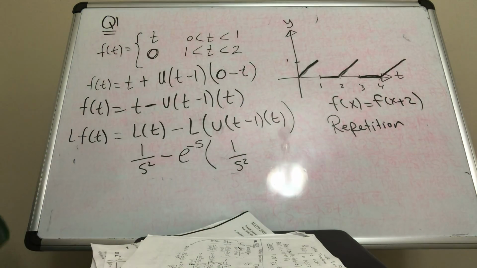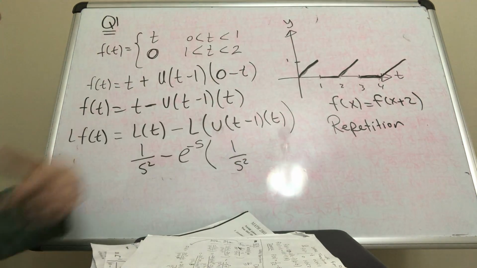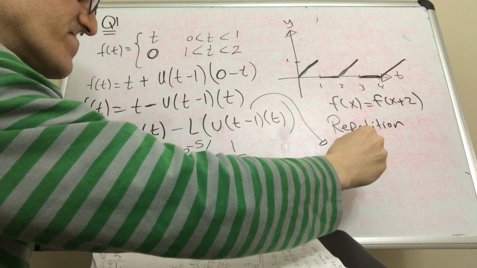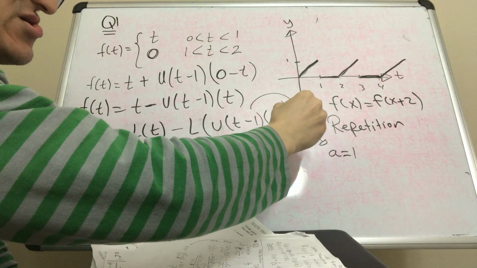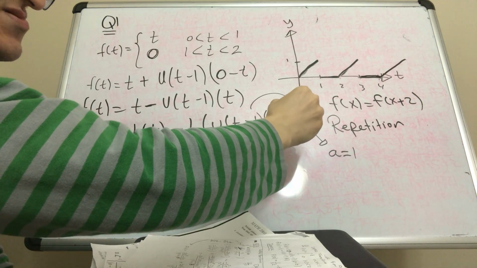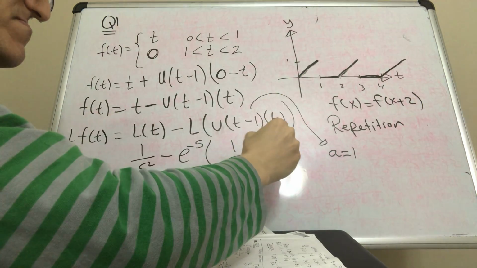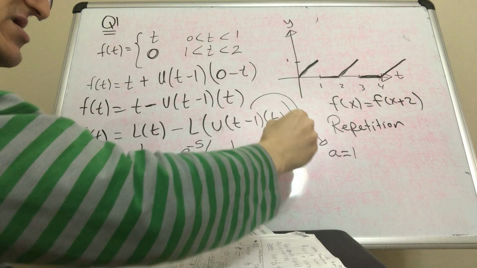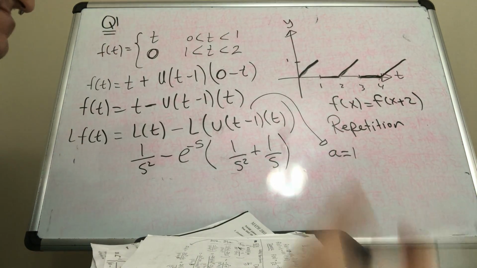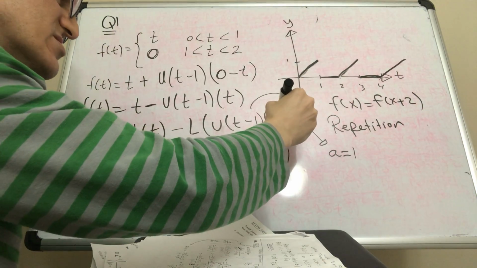What about the number? I told you the trick. The value of a is 1. So you add it to the number, which is 0, so it becomes plus 1. And the 1 has a transformation of 1 over s. So again, the number that we don't see is 0.